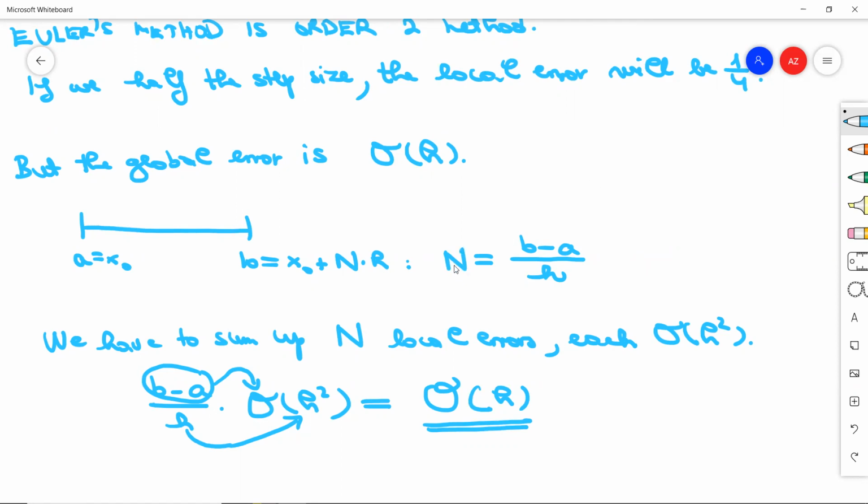This capital N will be big. That's why Euler's method is practically not very useful. However, the basic idea of Euler's method is then generalized to the Runge-Kutta method, which I will show you next hour.